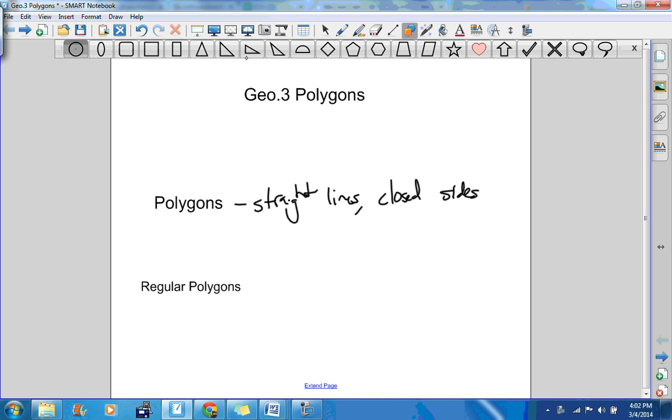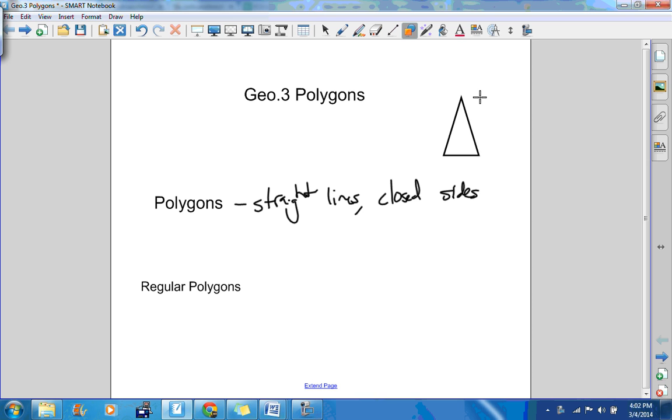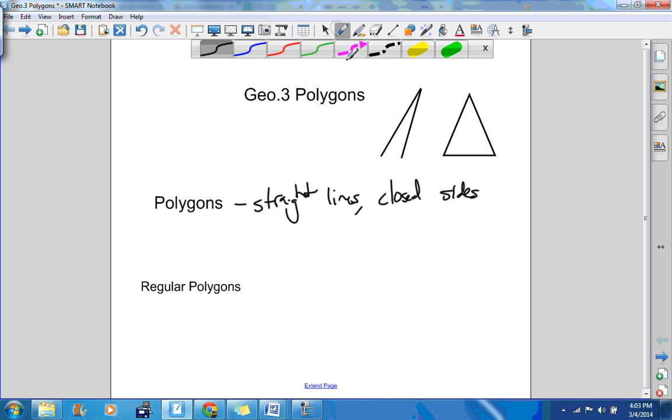So a figure like this would be a polygon because it only has straight lines or sides and the sides are all closed. Something like this would not be a polygon because the third side is not closed.